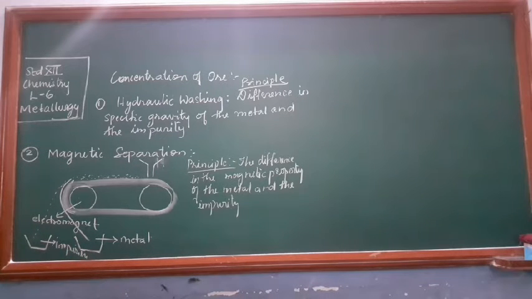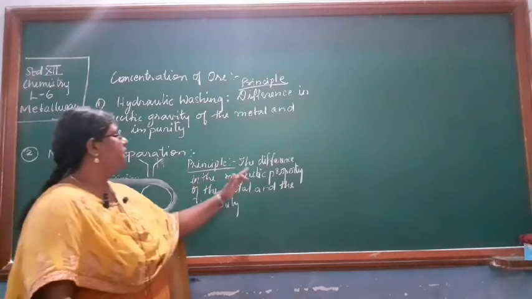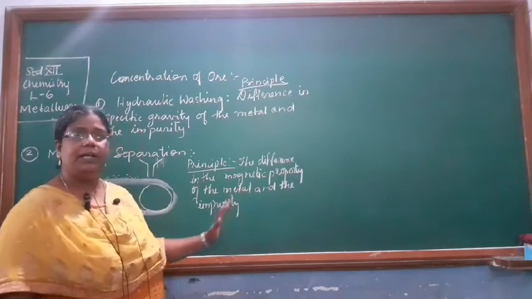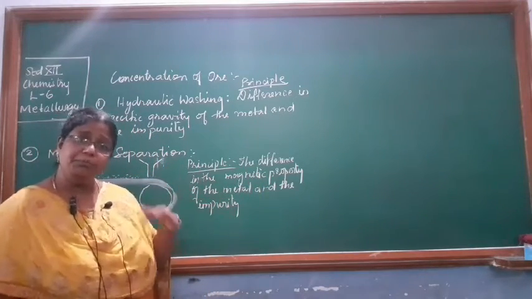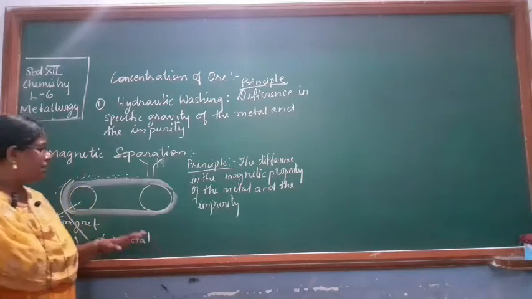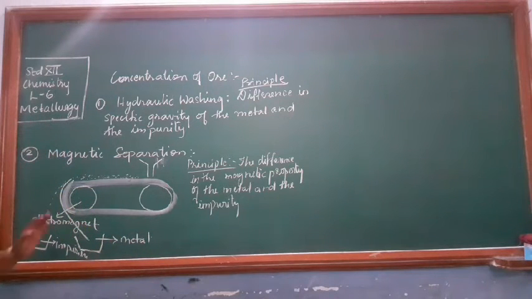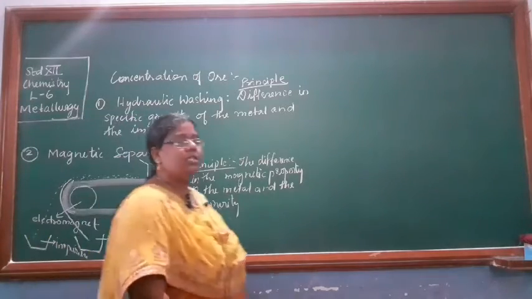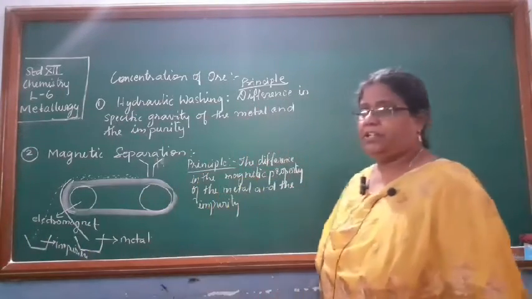Okay, so what is the principle here? The difference in the magnetic property of metal and the impurity. Suppose the impurity is magnetic in nature, then it will be attracted towards the electromagnet and collected at one end, and the metal which we require will be collected at the other end. So this is magnetic separation.